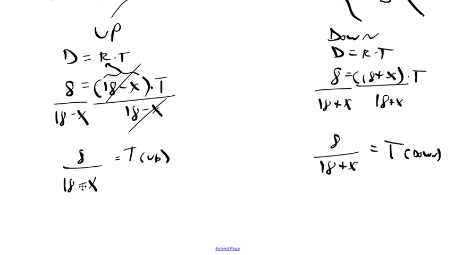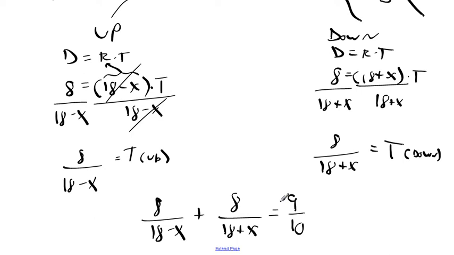But we know that the t has specific values here. This one right here is 8 over 18 minus x, plus the other time it goes down, and that equals the total time 9/10. So this represents the time that it went up, this represents the time that it went down, and this represents the total time.